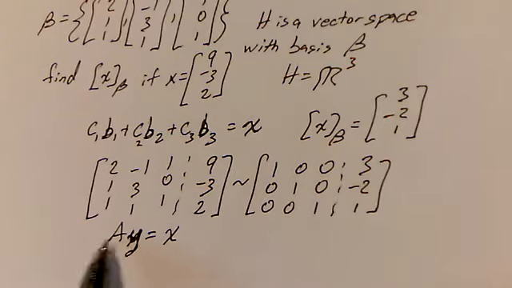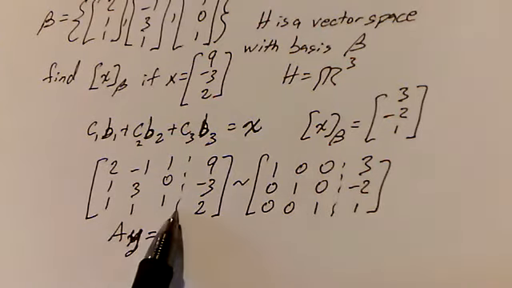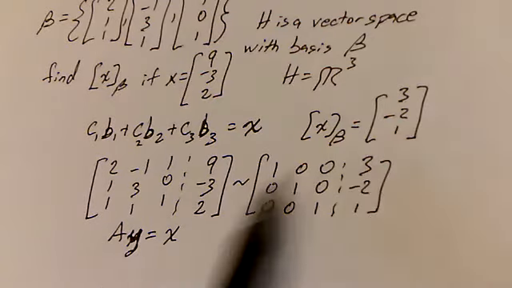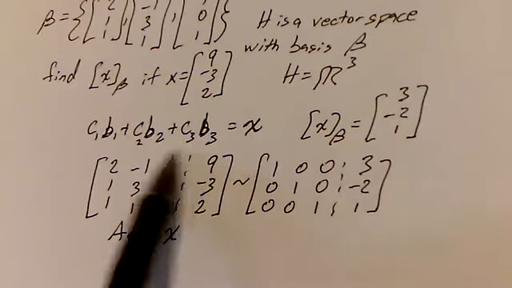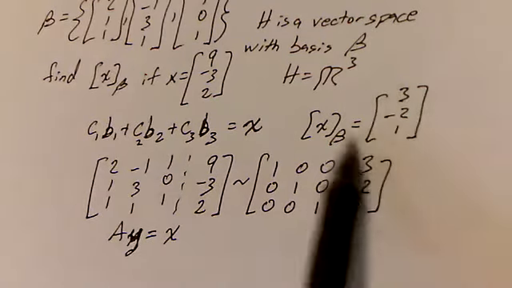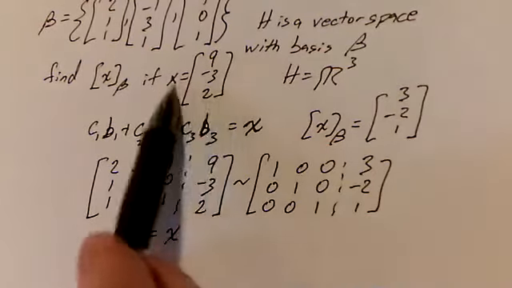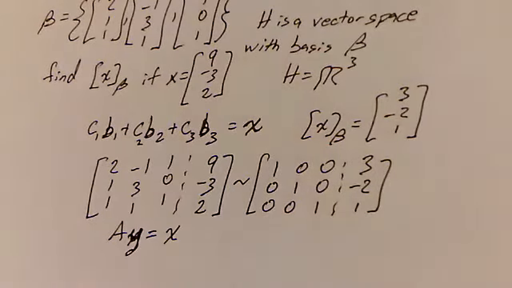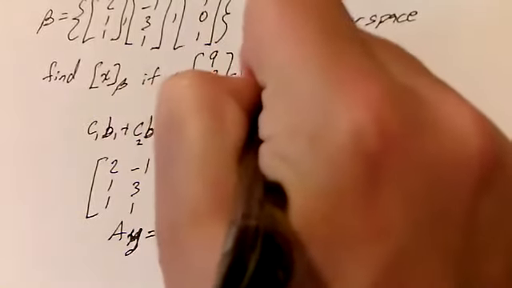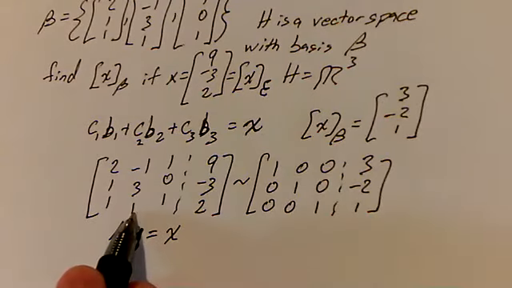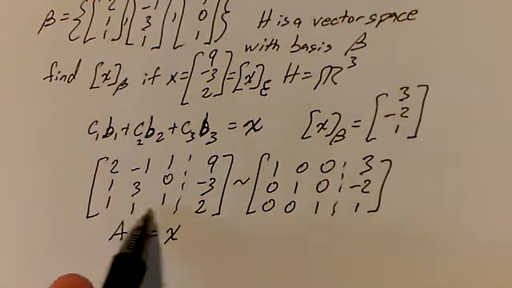So what is A? A is just the basis vectors. That means if I put this coordinate vector in here and I do A times the coordinate vector I found, I get out my original vector X. Remember that X itself is equal to the coordinate vector with the standard basis, curly E. So A is the change of basis matrix, just using the vectors.